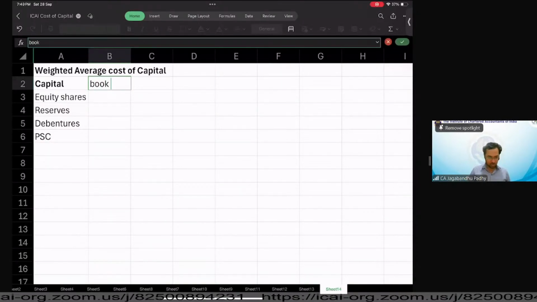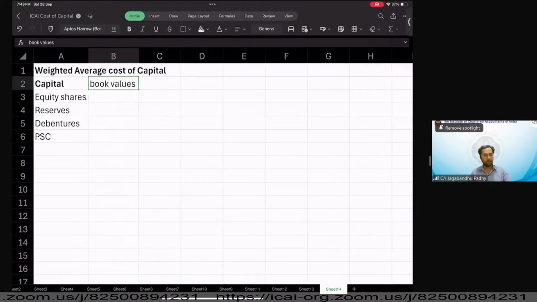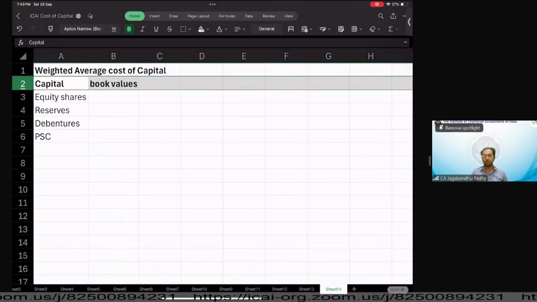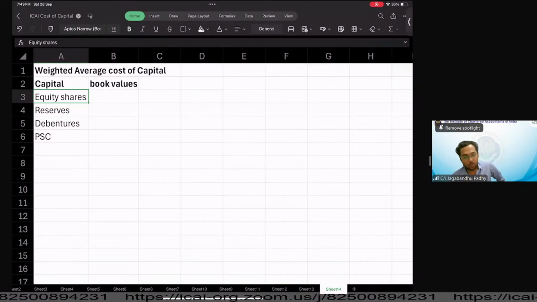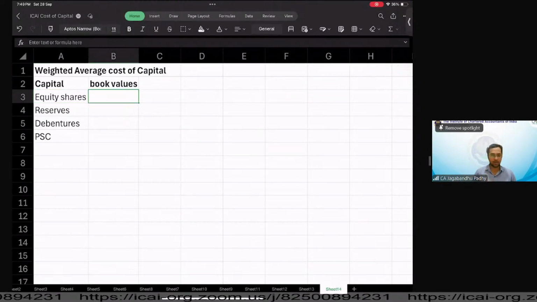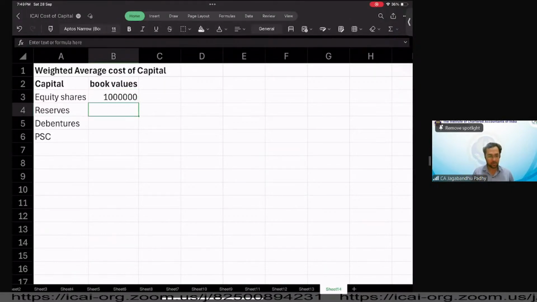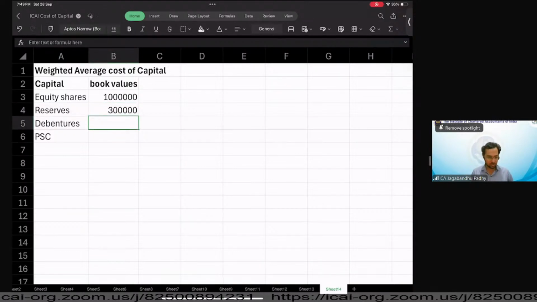Book values. So what is the book value that we have for the equity share? Let's say share capital is nothing but the face value. So let's say equity shares have a face value of 10 lakh. We have got, let's say, 3 lakh of reserves in our books.